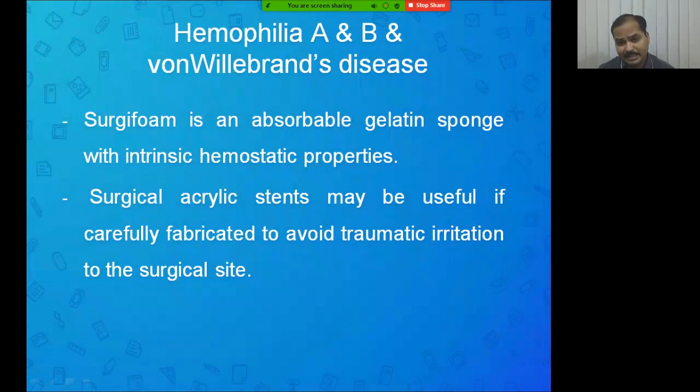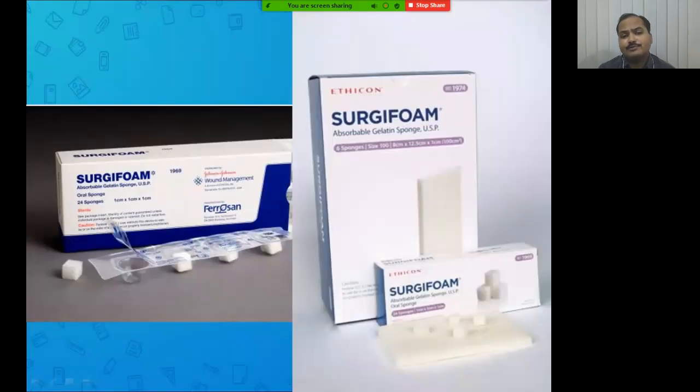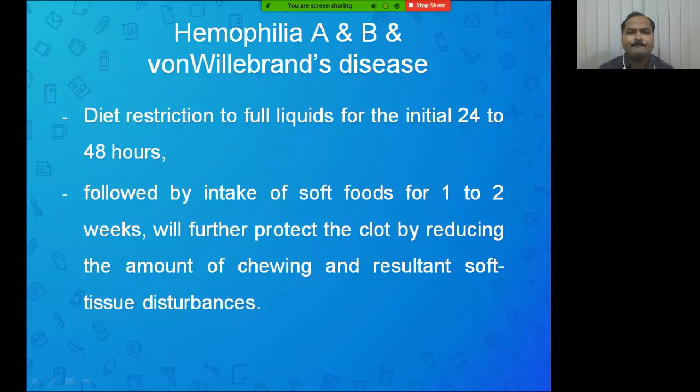Surgical acrylic stents may be useful if carefully fabricated to avoid traumatic irritation to the surgical site. Surgifoam is available as cubicles or a strip, which can be utilized for a larger area of the wound, and cubicles for extractions.